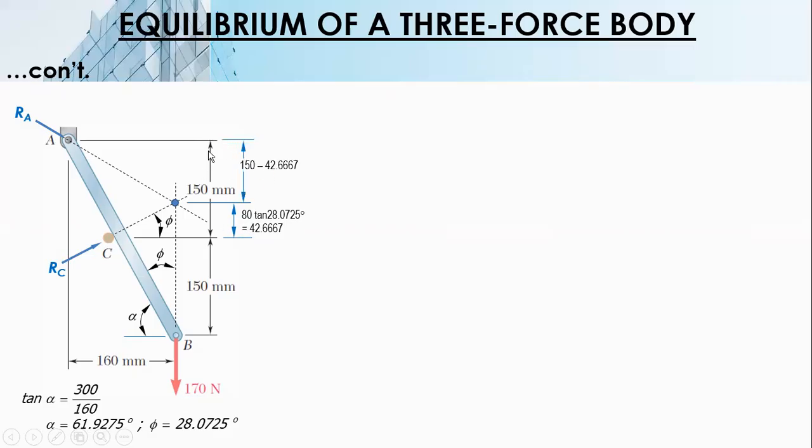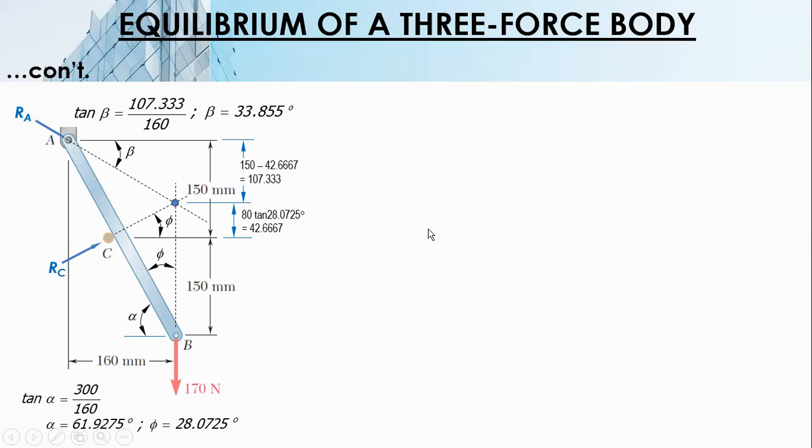That's 150 minus this, and it is equal to 107.333. So we can now compute for this angle, beta. Tangent beta is 107.333 divided by 160. So we have beta, 33.855.